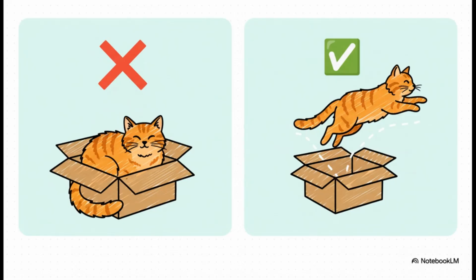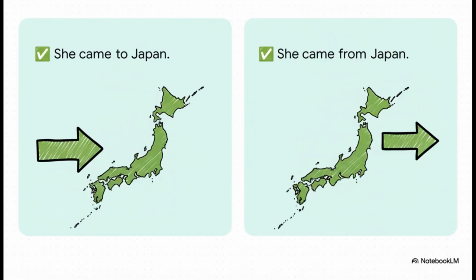And here's another perfect example of location versus action. In the box just tells us where he is, but into the box, that describes the actual movement of going from outside to inside. So if there's an action, an entry, into is your go-to word. Now this one's really interesting because check this out.